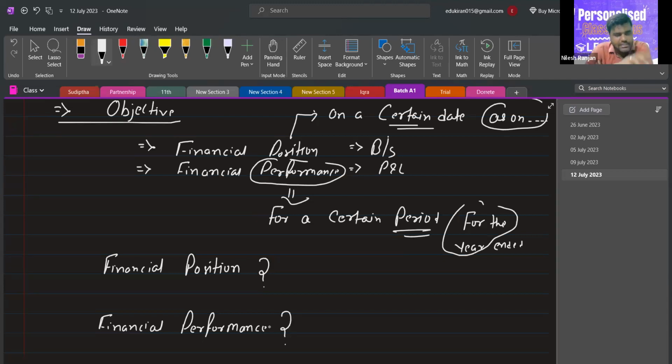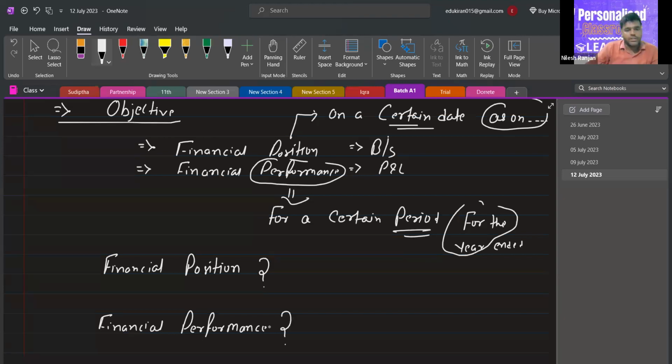You can take this as the result of a student after an examination. A student learns all year, gives an exam at the end of the year, and then the result comes, so he knows his performance in a year. So this is what financial position and financial performance mean.